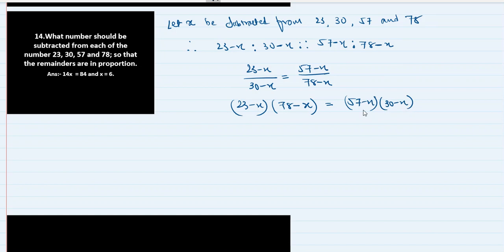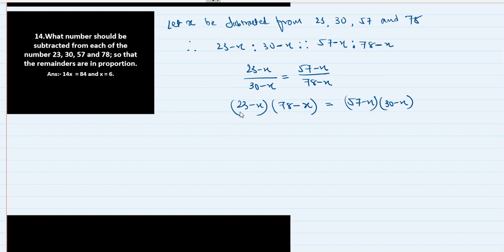So we chose x to be subtracted from each of the numbers and the remainders are in proportion. Remainders means the difference, basically the number which remains. Now here we have to open the brackets and express this as a quadratic equation and then simplify. So this is going to take a little longer, so hold on.